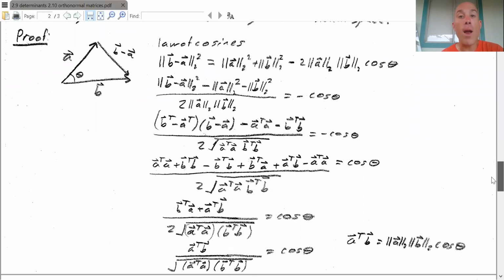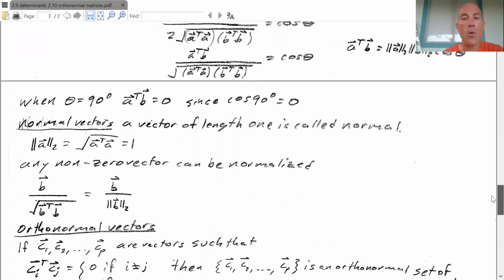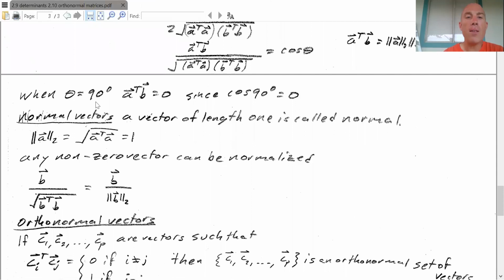And this has a direct connection to correlation, where I'm dealing with a data vector minus its sample average. When the angle is 90 degrees, the dot product will be equal to 0, since cosine of 90 degrees is equal to 0. That's the idea of perpendicular vectors, orthogonal vectors.